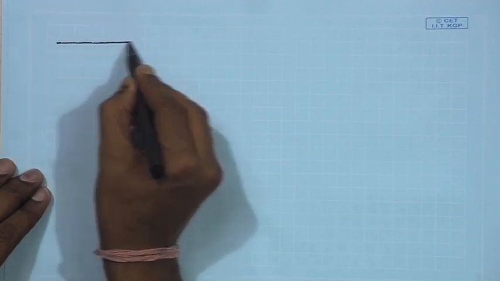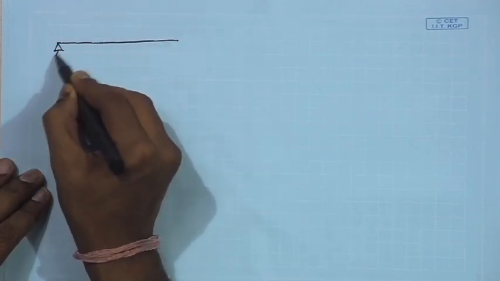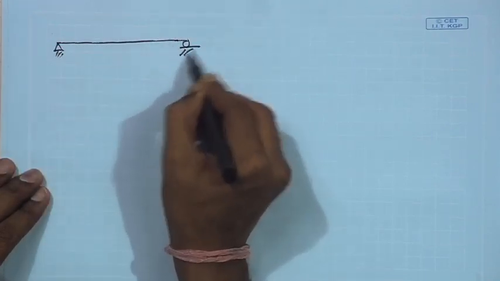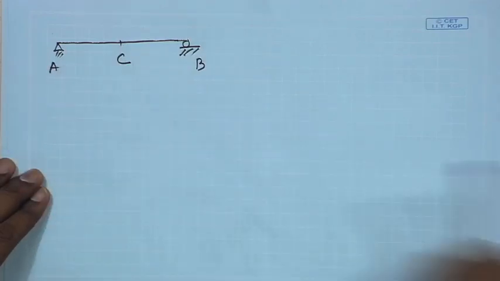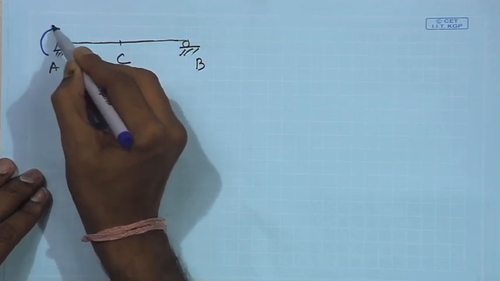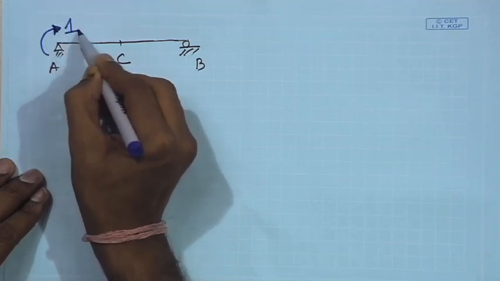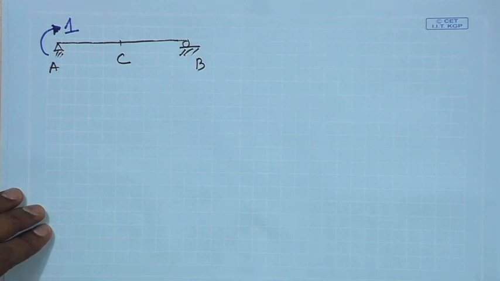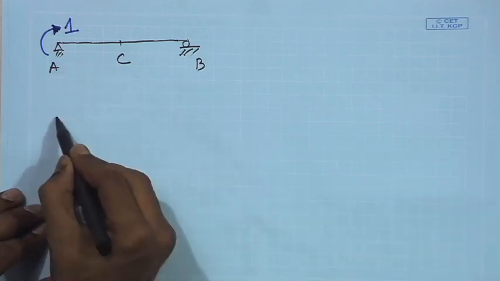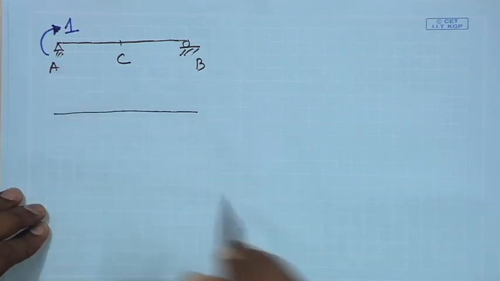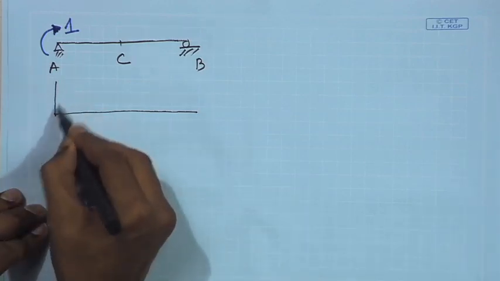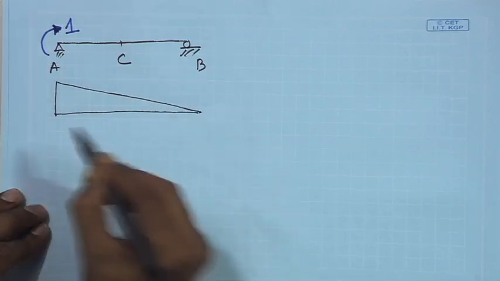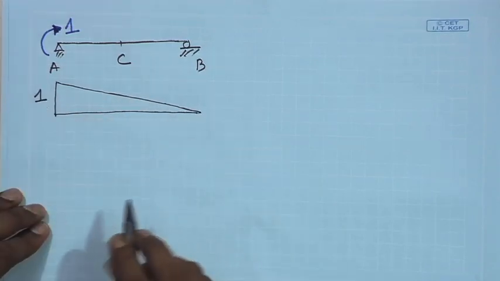Take the same beam, A, B, midpoint C. Now, you apply a unit moment like this. Okay. Now, what would be the bending moment diagram for this? You check, this is the bending moment diagram.